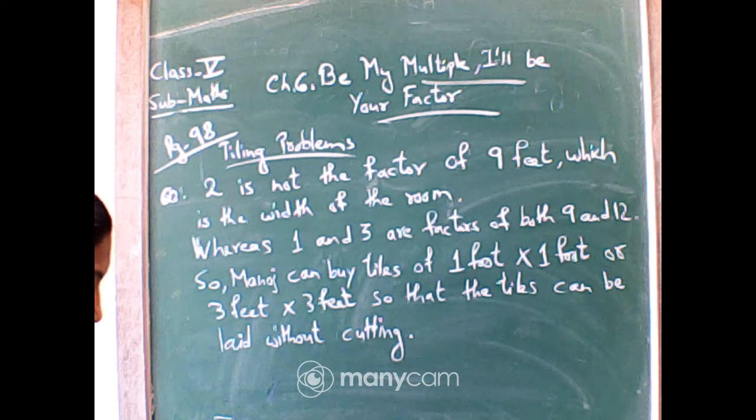You have to find out what kind of tile these 3 will use to lay in the path, that means from the home to the road they will lay the tile. Okay, and you have to find the size of the tile. So what can you do?